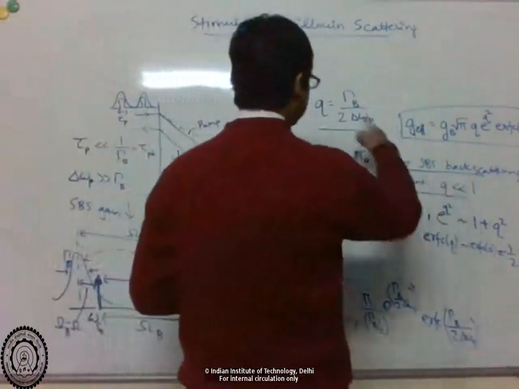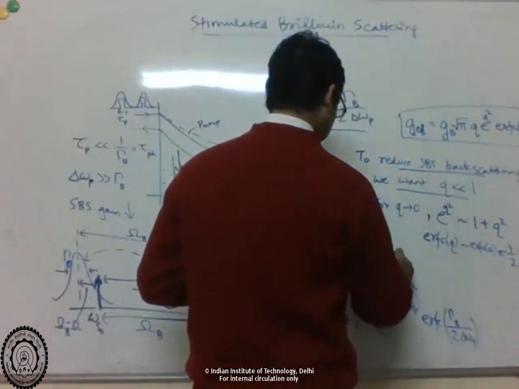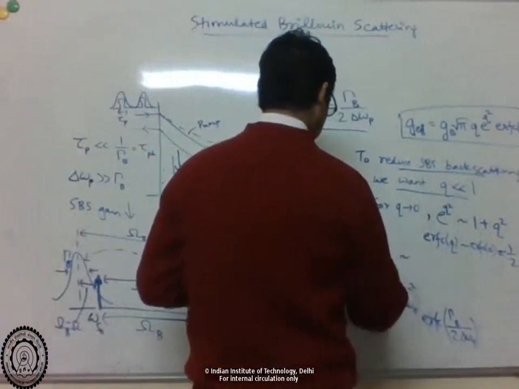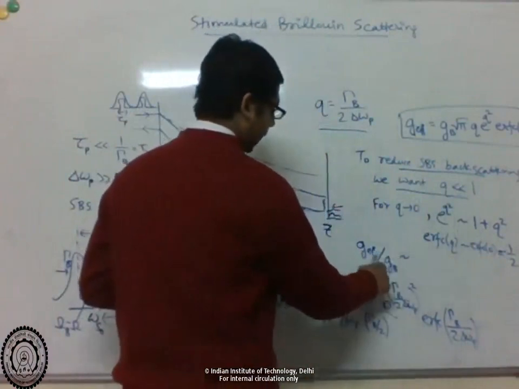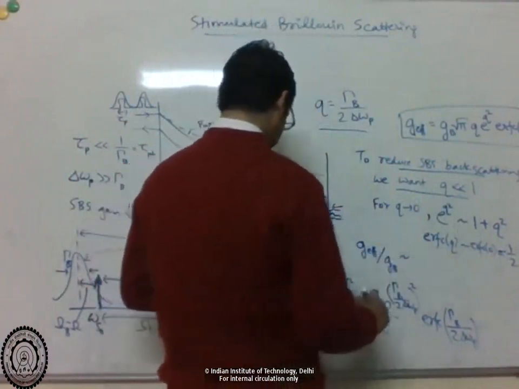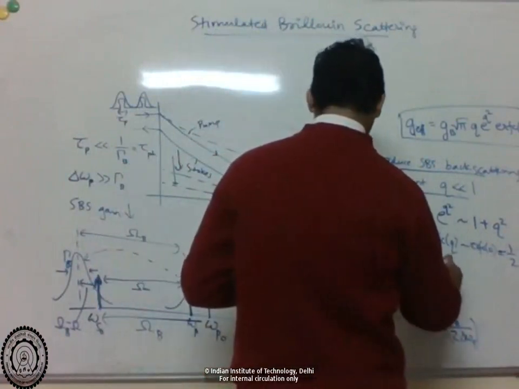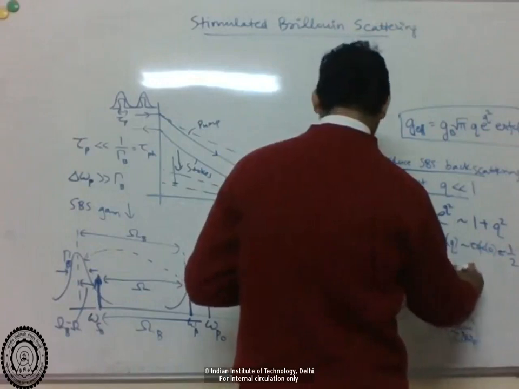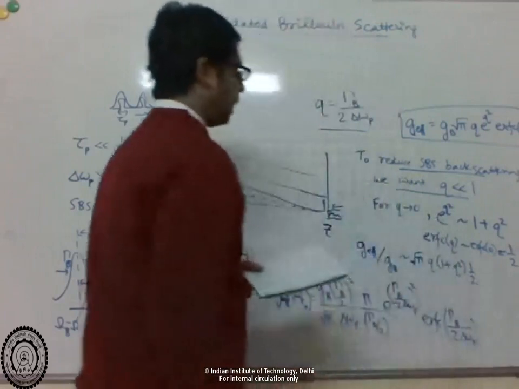So when Q is much smaller than 1, this ratio of the effective gain to the actual peak Brillouin gain goes like this.